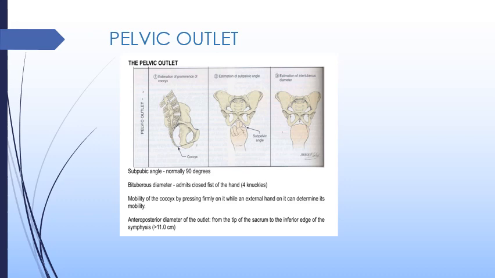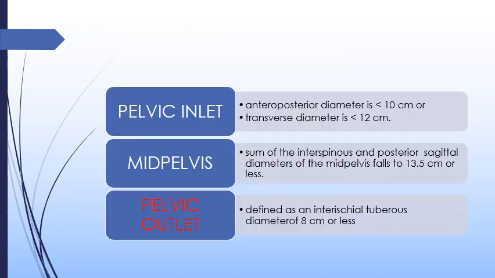The posterior triangle has no bony sides, but is limited at its apex by the tip of the last sacral vertebra. Pelvic outlet contraction is defined as an interischial tuberous diameter of 8 cm or less.